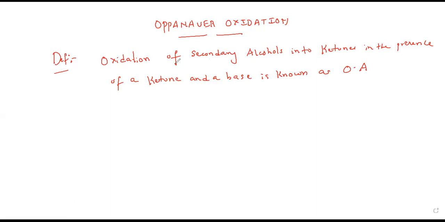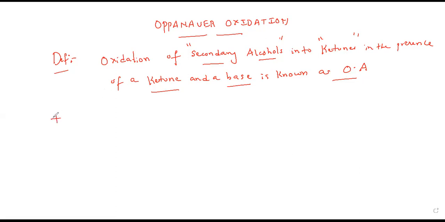So in simple terms, Oppanauer oxidation is the oxidation of secondary alcohols into ketones in the presence of a ketone and a base. We are going to convert a secondary alcohol into a ketone. That is the main objective of Oppanauer oxidation.